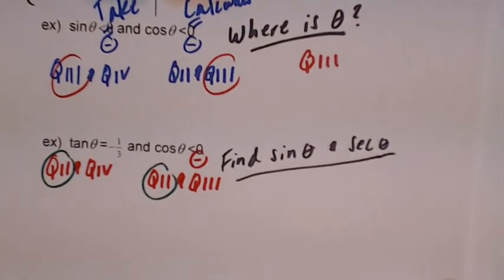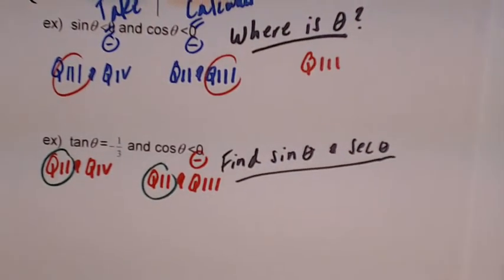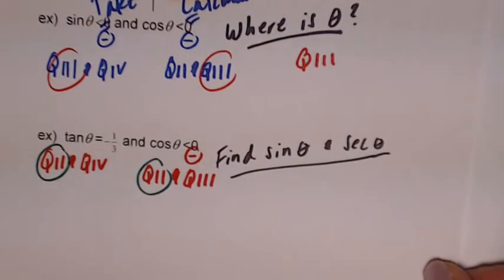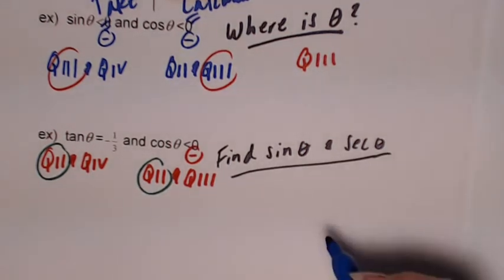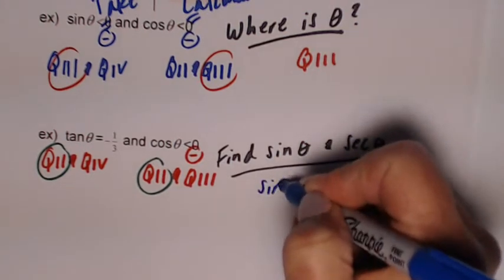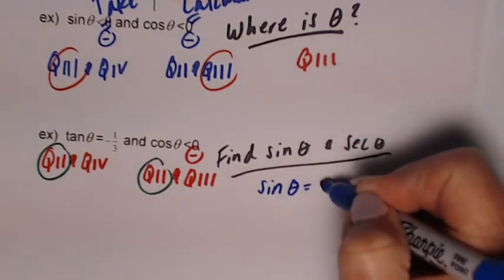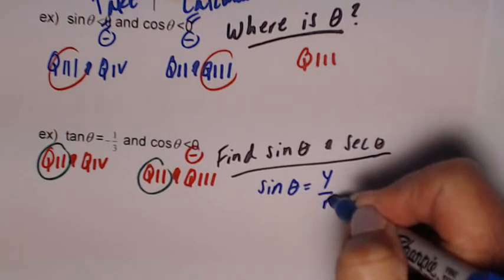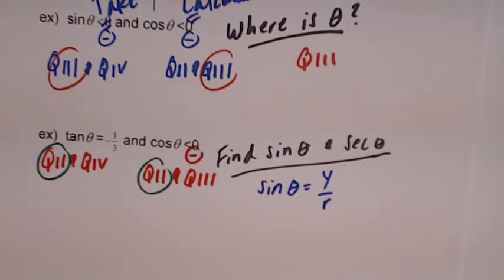So now we're asked to find the sine and secant, so we're going to need some values. When we are considering sine, we know that the sine of theta is equal to y over r. So we need a y and we need an r.